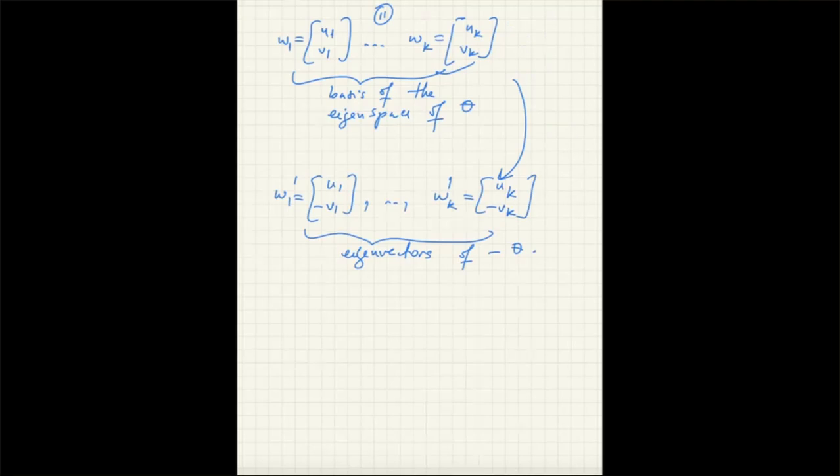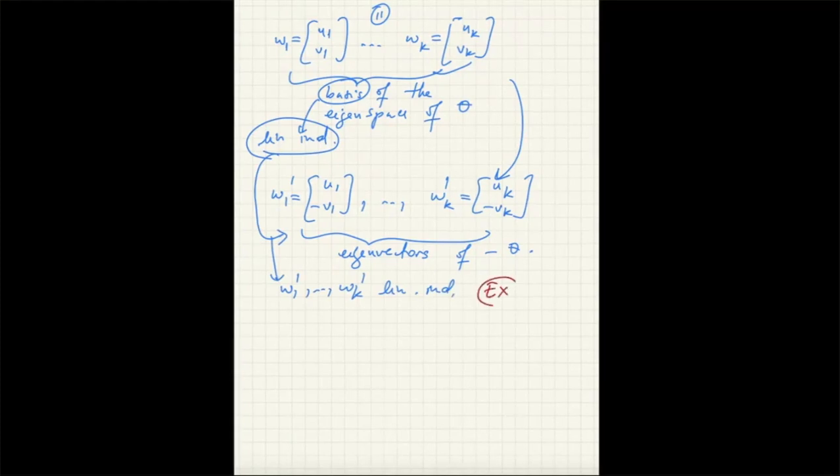But now, because the ones on the top are a basis, they must be linearly independent. Being a basis means that they're linearly independent. And you can prove that because those vectors are linearly independent, the vectors W1 prime up to WK prime are linearly independent.